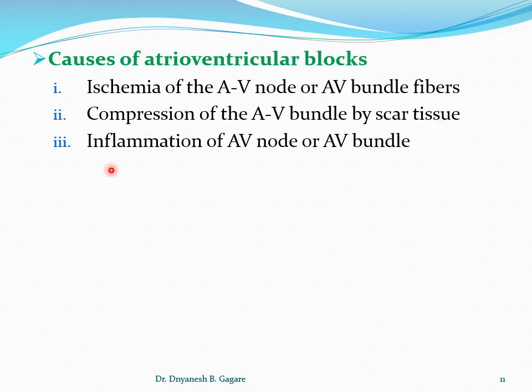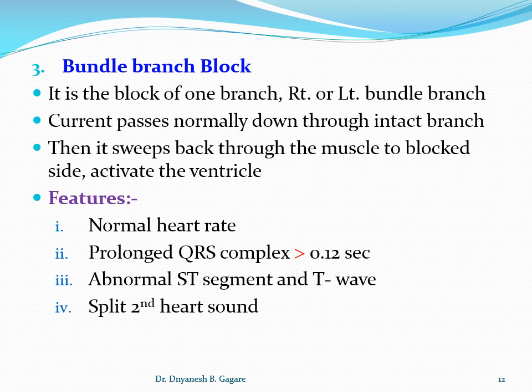And inflammation of the AV node or AV bundle. So if there is a problem in the atrioventricular bundle or bundle of His, or if there is a problem in the AV node, then the impulse cannot be conducted from the atrial side to the ventricular side, and it is called the AV blocks.